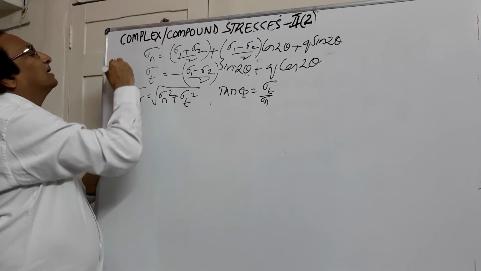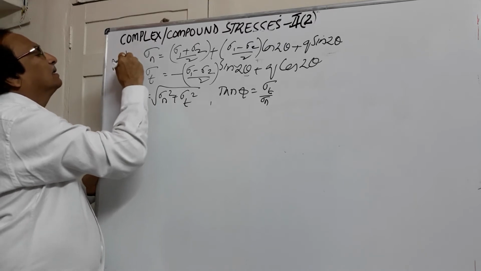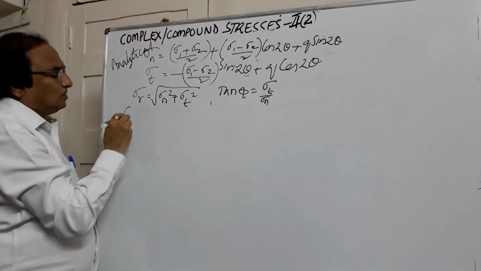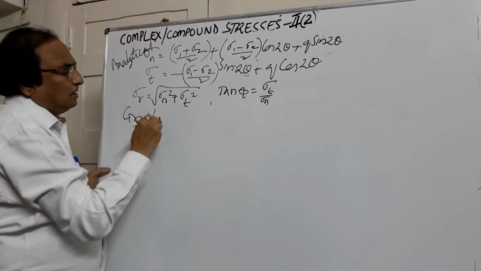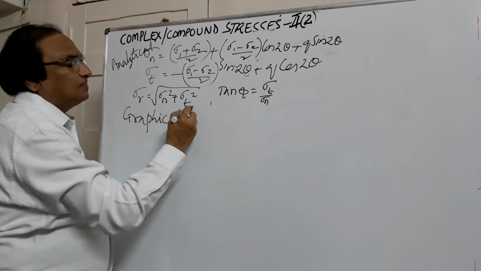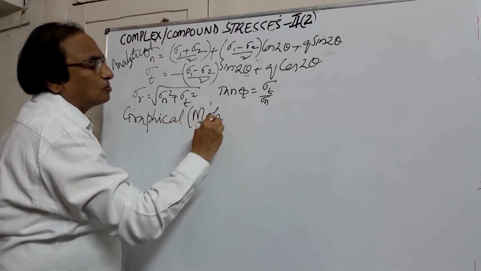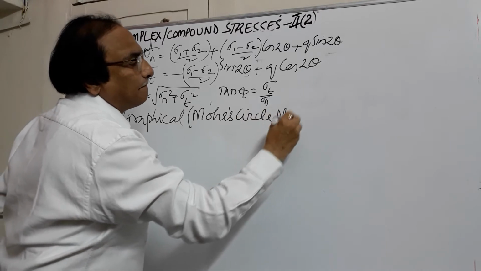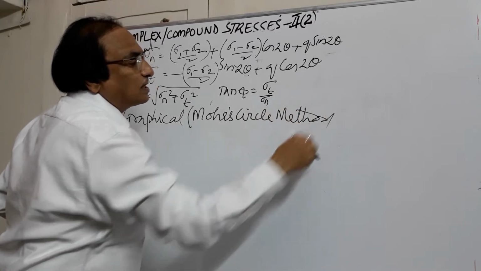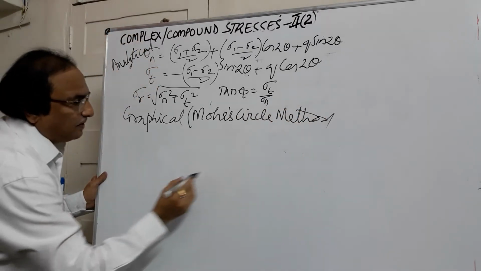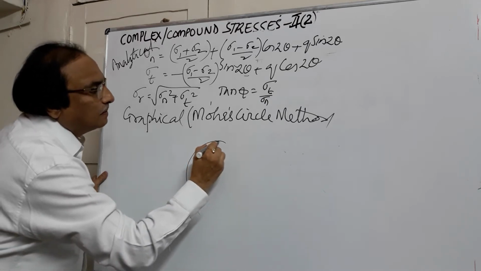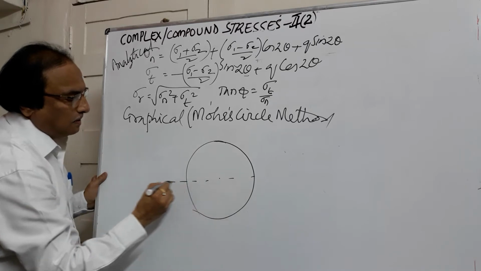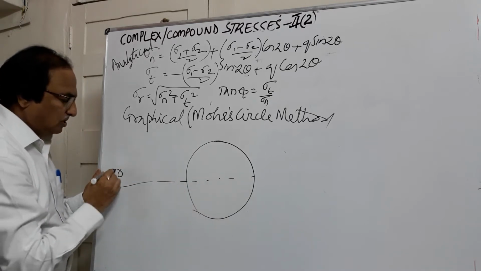This is the analytical method of solving problems. There is another method known as the graphical method, also known as the Mohr circle method. Suppose I draw a circle here and take an origin.